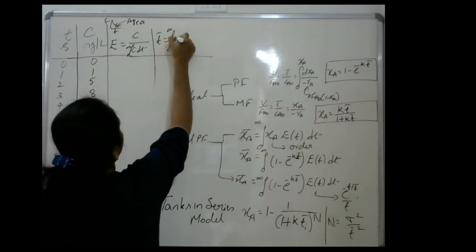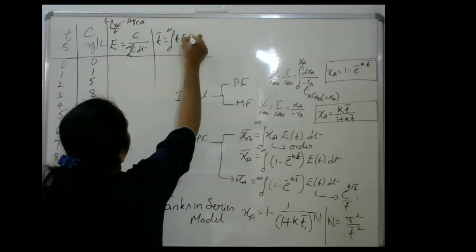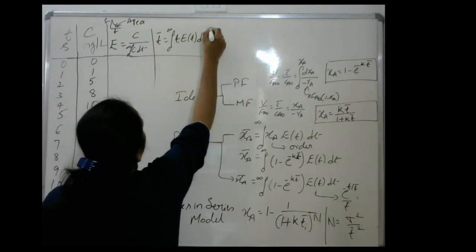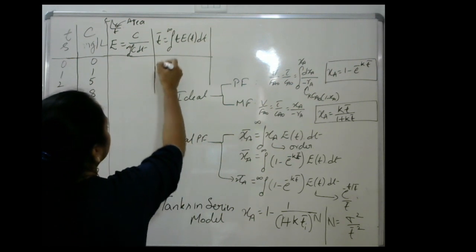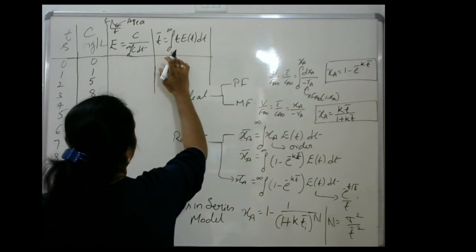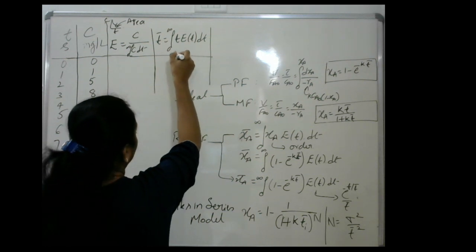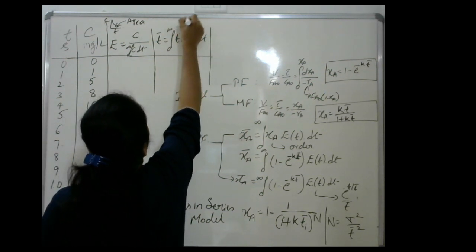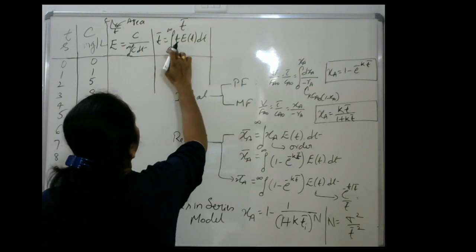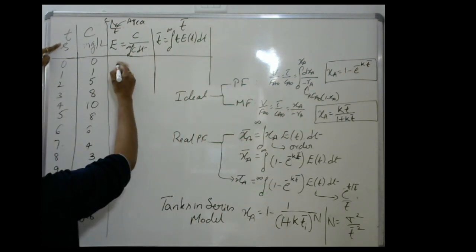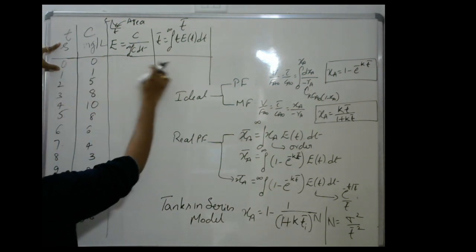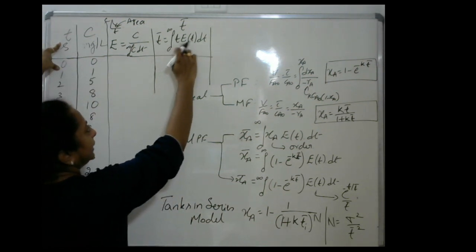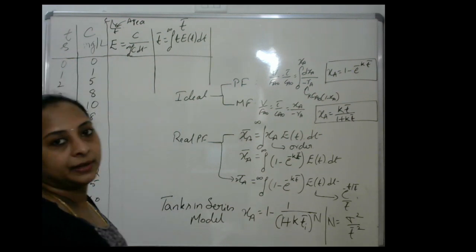Okay. So after getting the values for a series of E values, T bar will be integral 0 to infinity T E of T dt. So here you will be finding T into E of T, whatever values you have found for E, into T. And plot T into E of T versus T to get T bar.